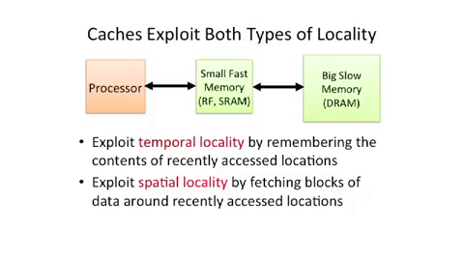And caches can exploit spatial locality. The way caches go about exploiting spatial locality is that when you go to access a particular piece of data, your cache is going to pull in data around that piece of data. And we'll talk more about this next time, how that works. But we're going to segment data into what we call cache blocks or cache lines.